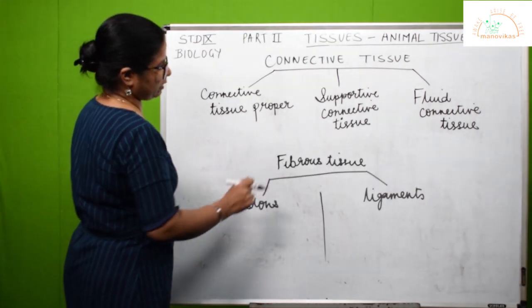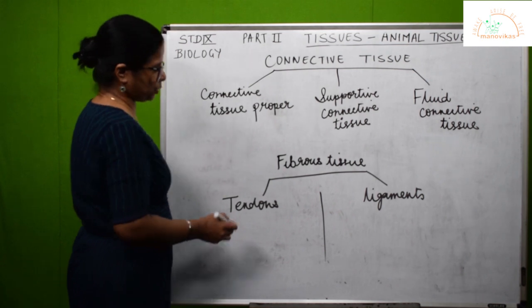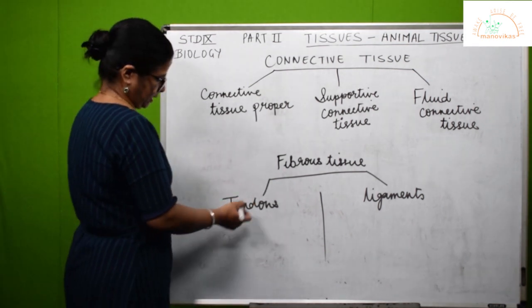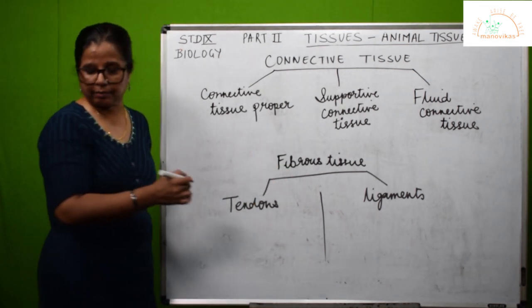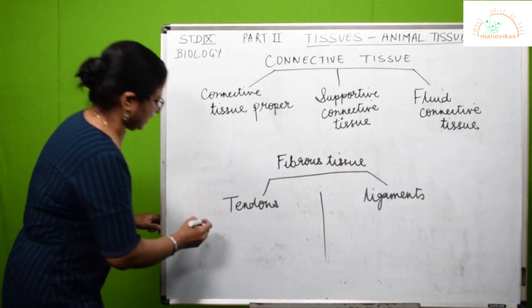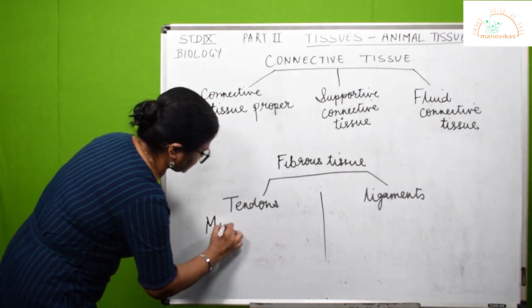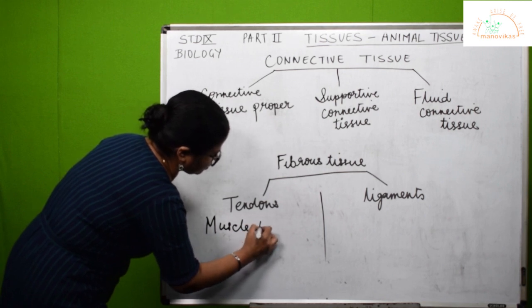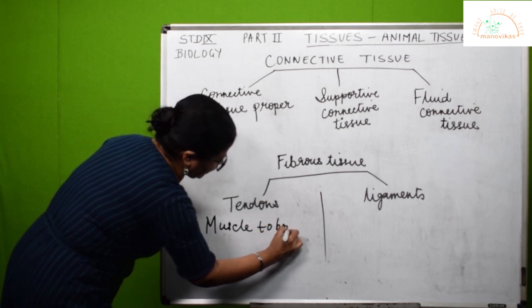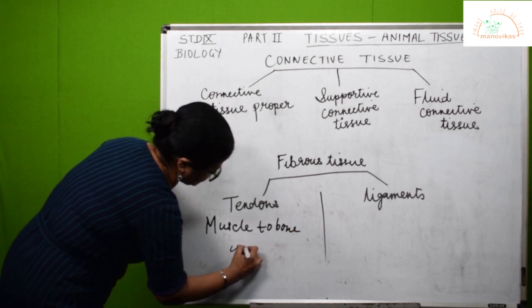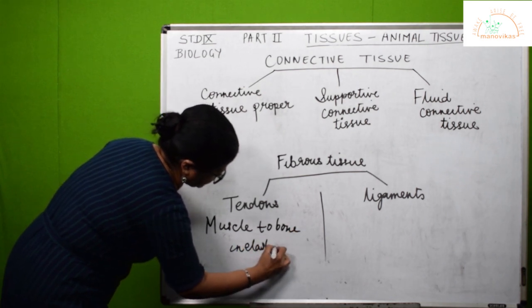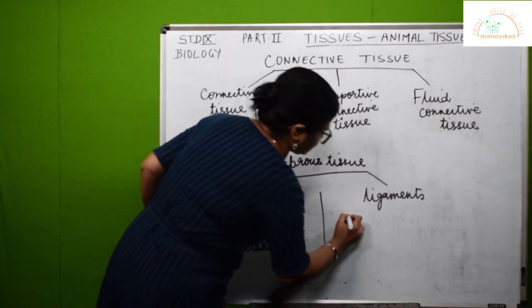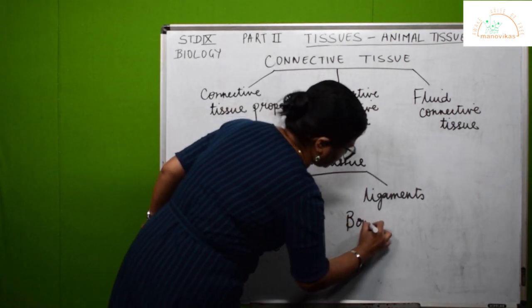Now let us look at the fibrous tissue, the fibrous connective tissue. Again, there are two types, tendons and ligaments. What do the tendons do? They connect the muscle to the bone, muscle to bone, and they are inelastic. And the ligaments, bone to bone.